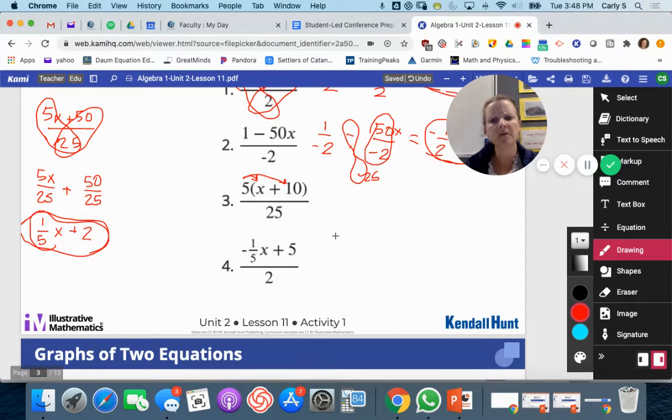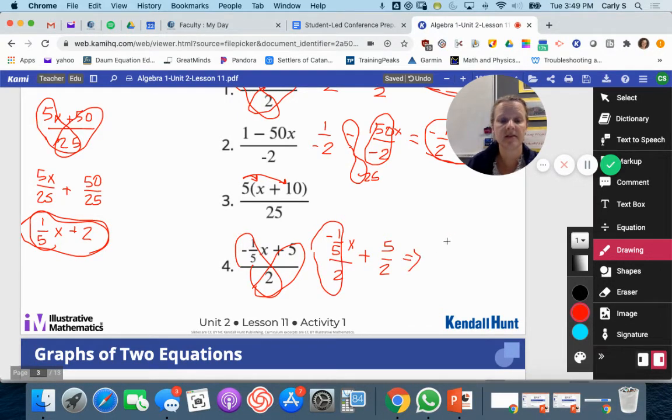Okay, feeling pretty comfortable? Let's do the same thing here. I'm going to split that 2 up into both the first and the second term, so negative 1/5 x over 2, that looks funny, plus 5 over 2. This right here can simplify. You can grab your calculator and double check it, but negative 1/5 over 2 is the same as negative 1/10 x plus 5/2.